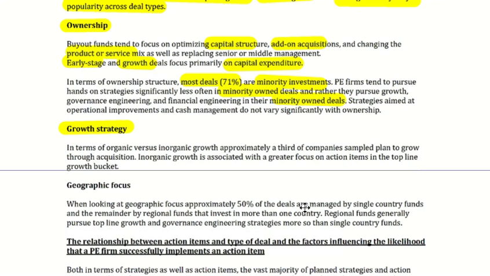In terms of organic growth versus inorganic growth, around about 1/3 of companies grow through acquisition. Of course, the balance of them will be growing organically. Focus on action items like top line growth.